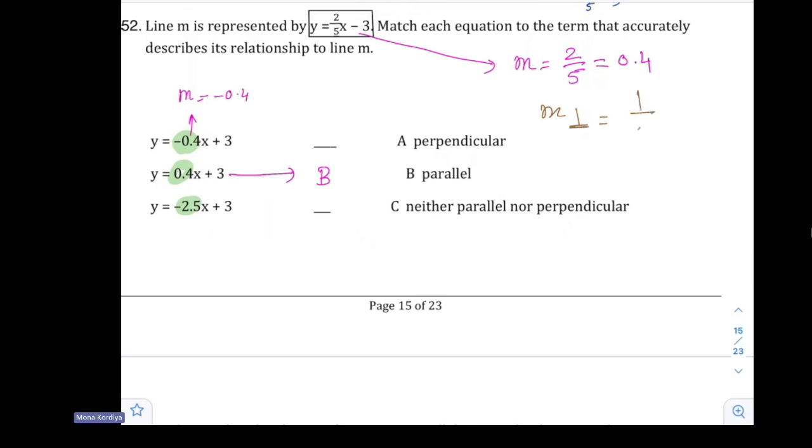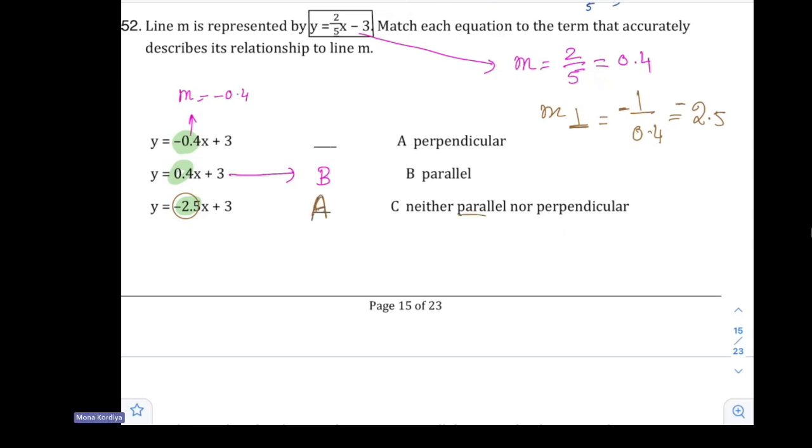It will be 1 over 0.4 with a negative. You have to flip it or put it under 1, and this will lead to negative 2.5. That means this slope is perpendicular to the line mentioned.